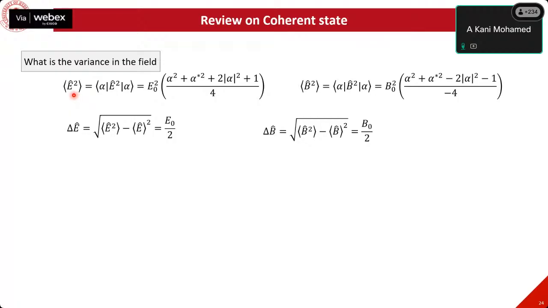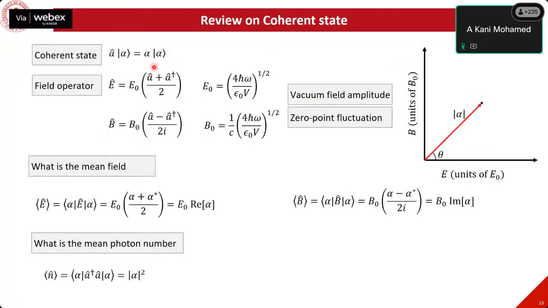This is the mean value for E squared operator. The mean value for P squared operator we can compute. And as this alpha is an eigenstate of the annihilation operator, this is very simple, and we have used the commutation relation A comma A dagger is equal to 1. And this is the mean value for E square, and this is the mean value for B square, where E and B are given here.